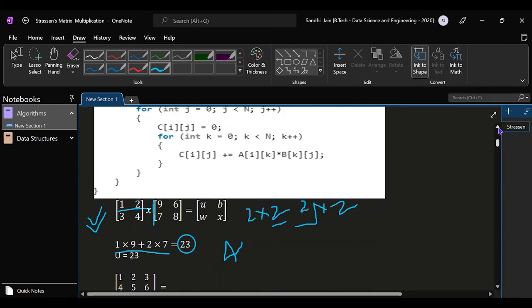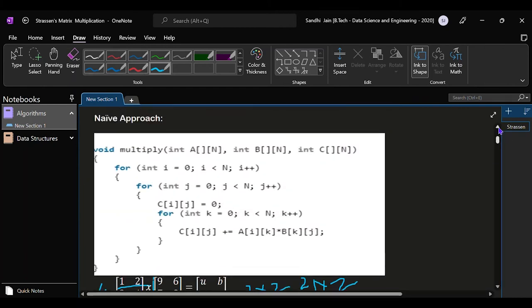For this, the naive approach in coding for multiplication involves taking the elements of A matrix, B matrix, and then the C matrix is the final matrix obtained. So we use 3 for loops, and 2 of them are nested inside the other one.